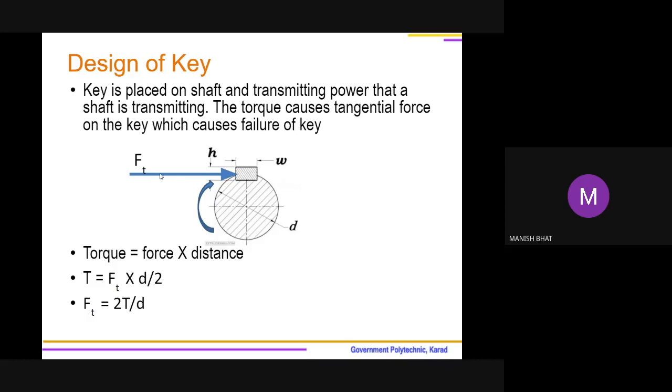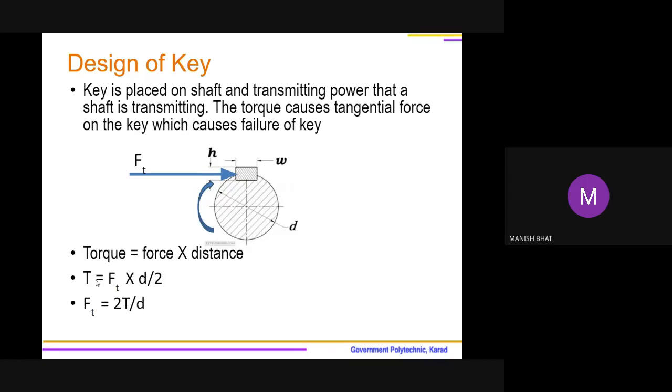So Ft is the tangential force. What is the distance of the tangential force from the center of the shaft, or say center of rotation? Correct. Torque is force into distance, which distance? Distance of that tangential force from center of rotation. So this distance is equal to the radius, and radius is d by 2, half of the diameter.